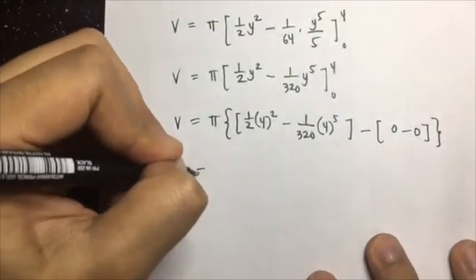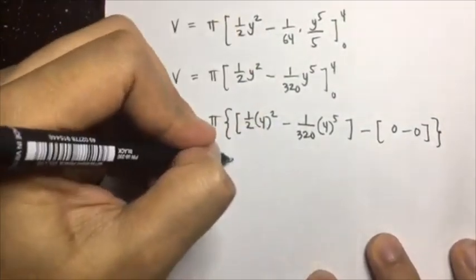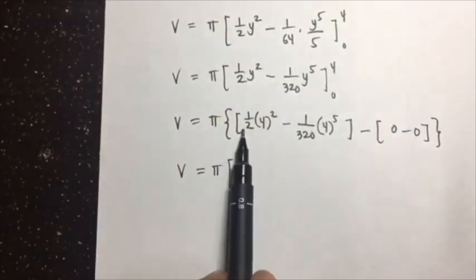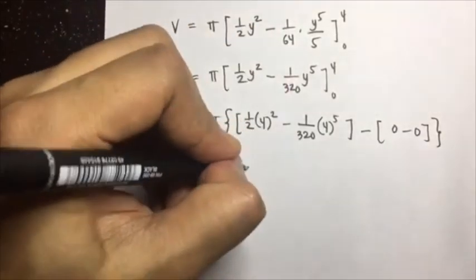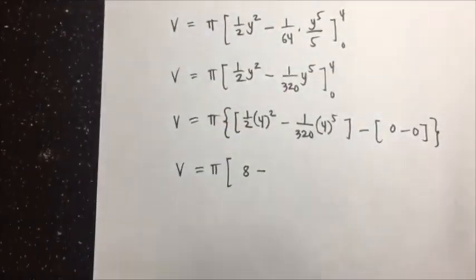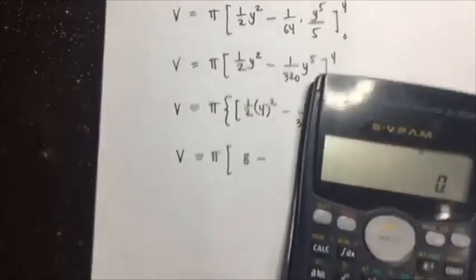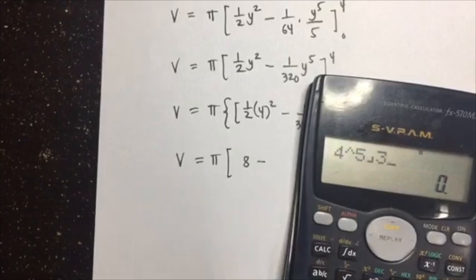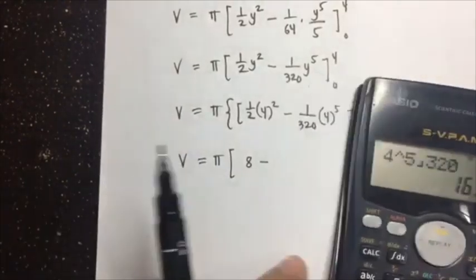So V is equal to pi multiplied by 4 squared over 2, 16/2, that is 8, minus 4 raised to the power of 5 over 320. Using our calculator, that is 16/5.